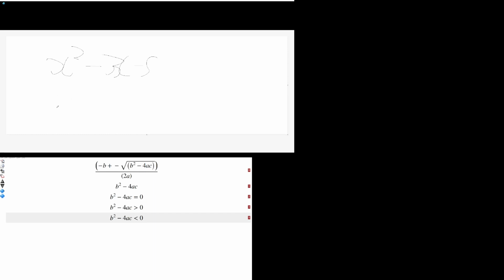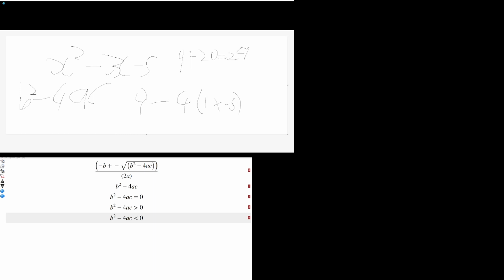All you need to do is simply plug this into b squared minus 4ac. In this case b squared is minus 3 squared, which is 9. So 9 minus 4 times ac, which is 1 and negative 5, so 1 times negative 5, which ends up being 9 minus negative 20, which is 9 plus 20, equals 29.